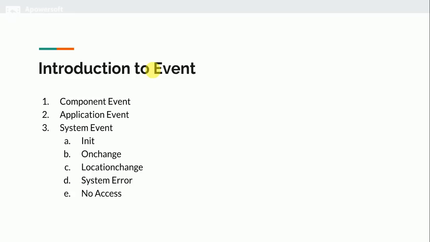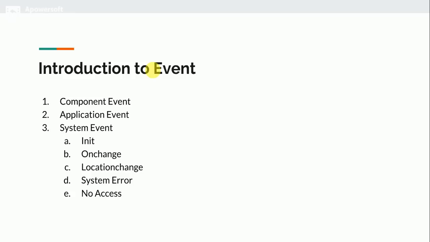And then the system events are like the constructor, init method, and onchange method. If you are changing the value of any particular attribute and we want to invoke some Apex class or some JavaScript method, we can use that one. We can also use location change, for example, if you are clicking on a particular link that is responsible for making a change of the location in a Lightning application, or a system error, and if the user has no access.